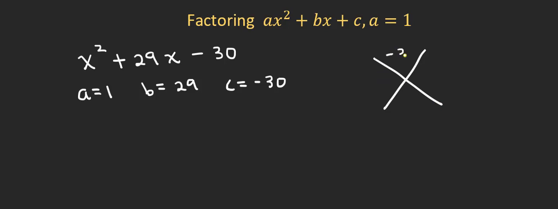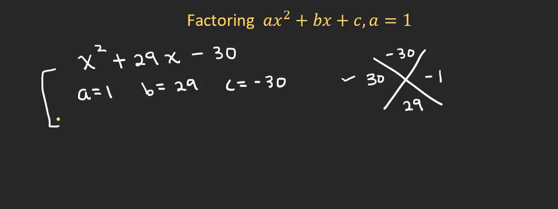Negative 30. b is 29. What are the two factors of negative 30 that add up to positive 29? Well, you know that whenever the product is negative, one of the factors has to be negative. So I'm going to go with 30 and negative 1. 30 times negative 1 is negative 30, and 30 plus negative 1 is 29. So we have a pair, 30 and negative 1.